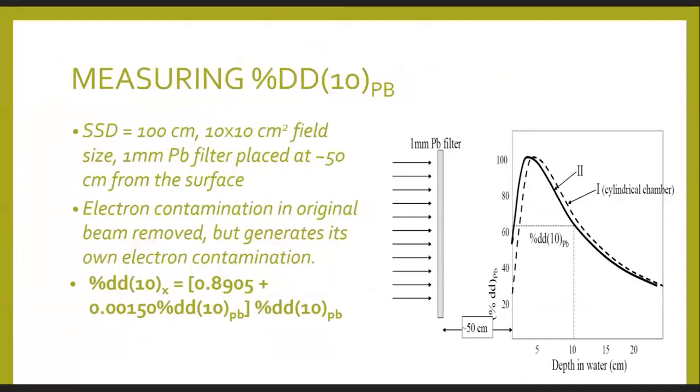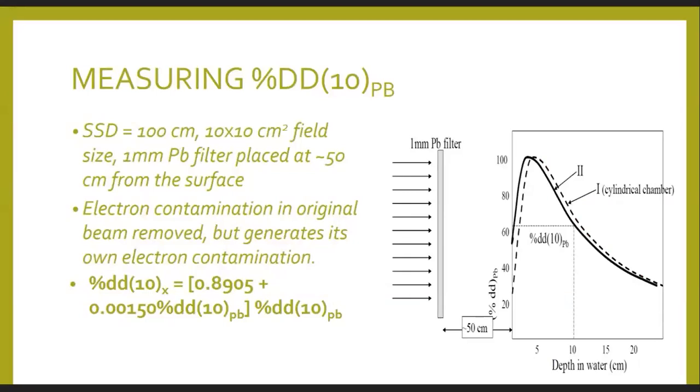And for high energy beams, another percent depth dose measurement needs to be performed in order to get the beam quality specifier. The first percent depth dose is needed for the reference dosimetry.